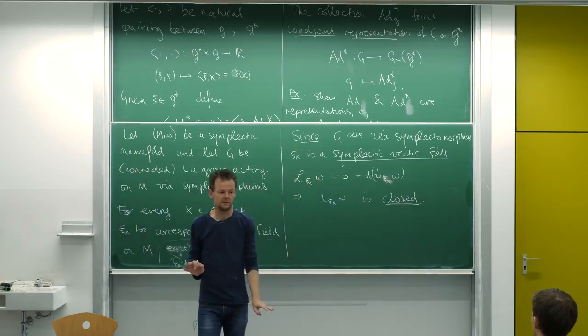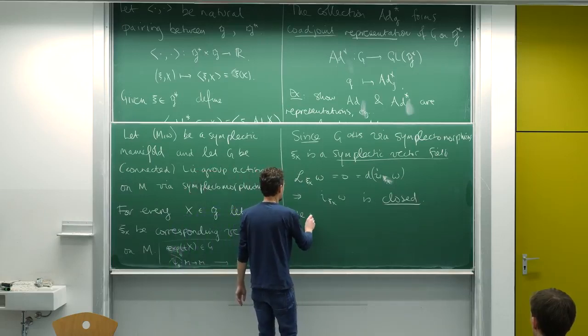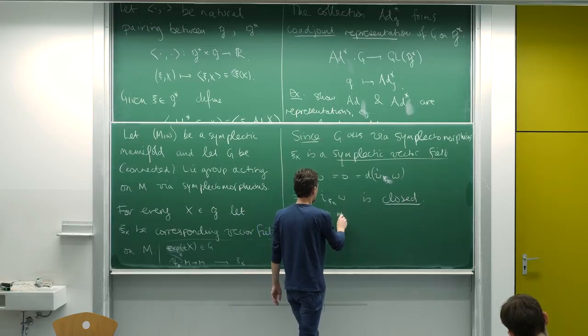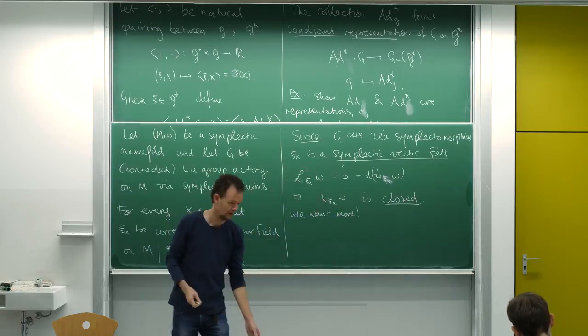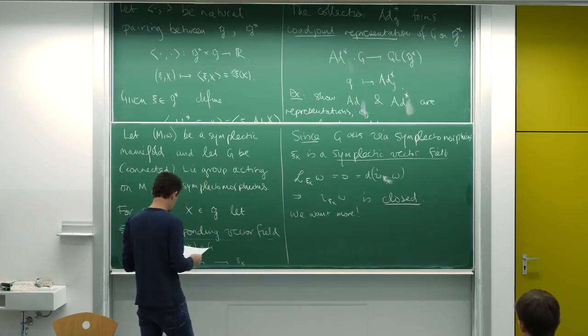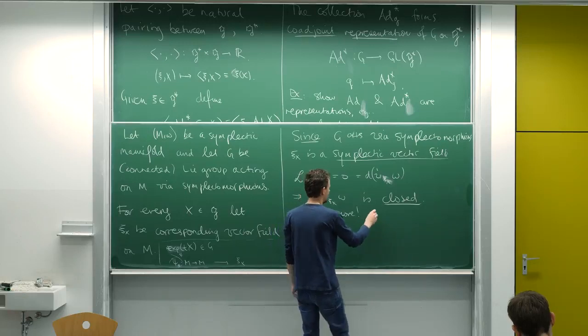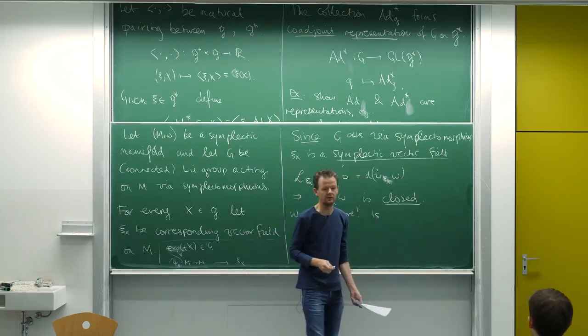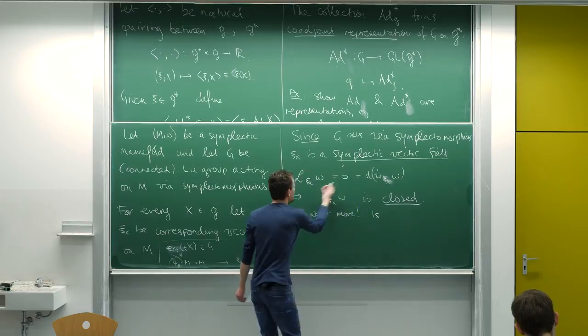It's super cool. But we want something more. We always want more. And what you want this time is the answer to the following question: is this one form here exact?